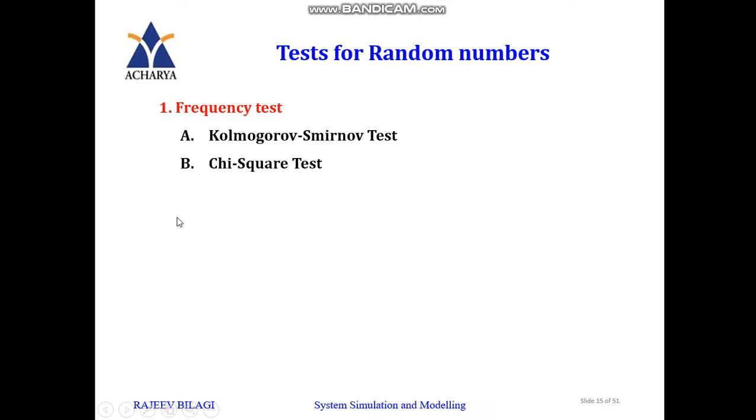Okay. Now, there are two different techniques. One is the Kolmogorov-Smirnov test, which is well known as the KS test. The second one is the chi-square test. Now, we will see how these two testing techniques can be used.